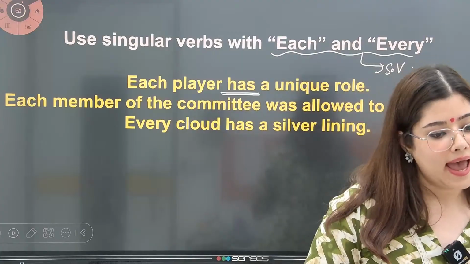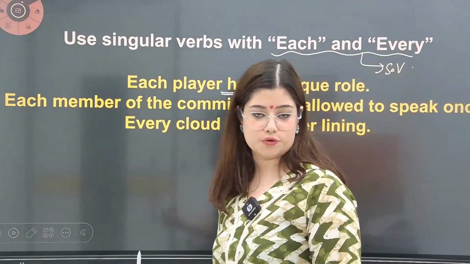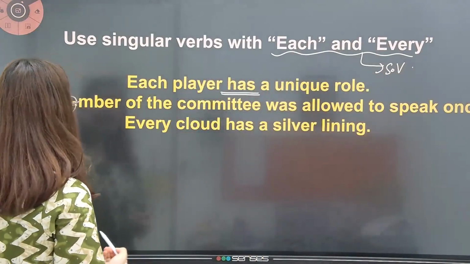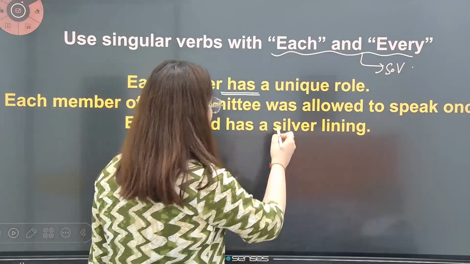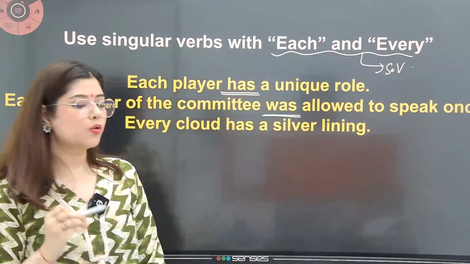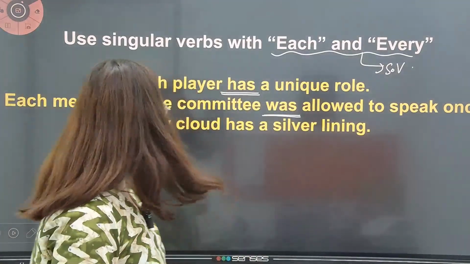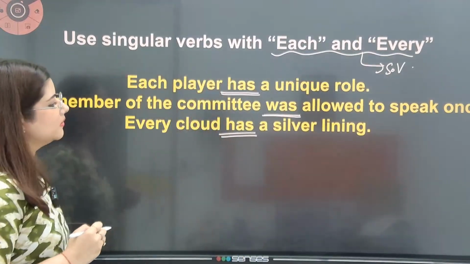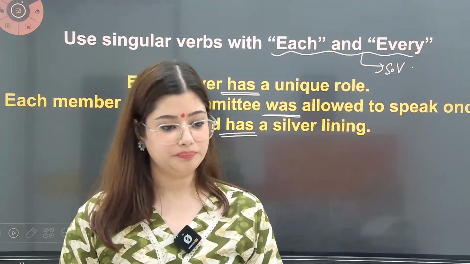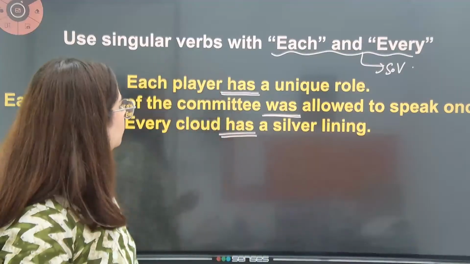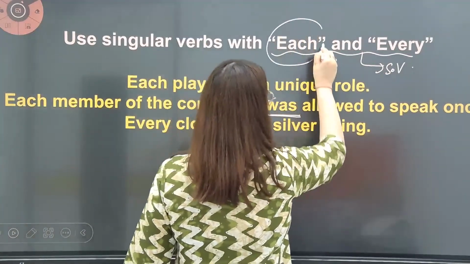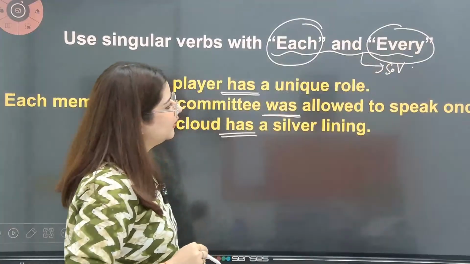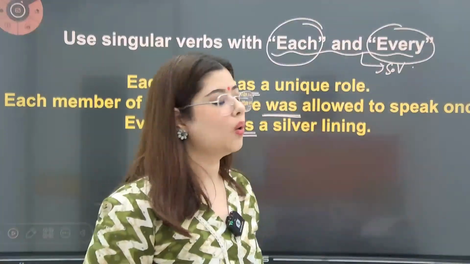Each player has a unique role. Each member of the committee was allowed to speak once. Every cloud has a silver lining, right? So each and every take up a singular verb form.